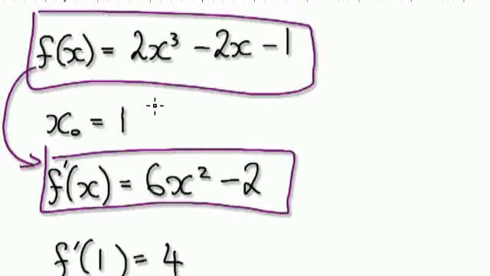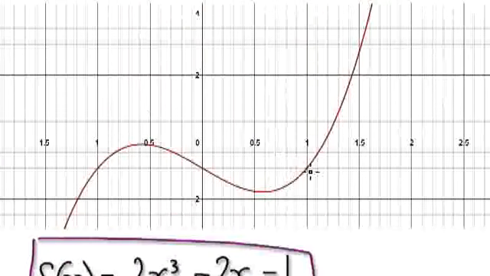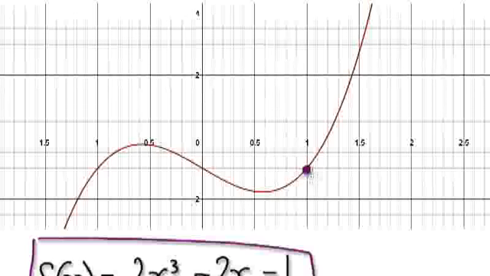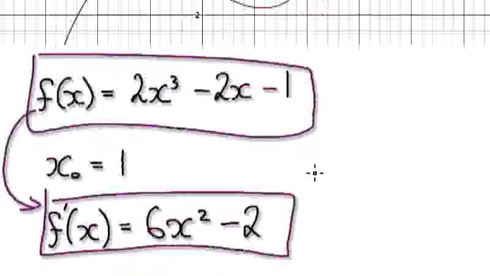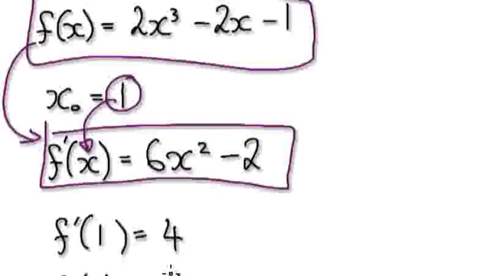Now you need to put 1 into here, and that will give you your gradient at that particular point.